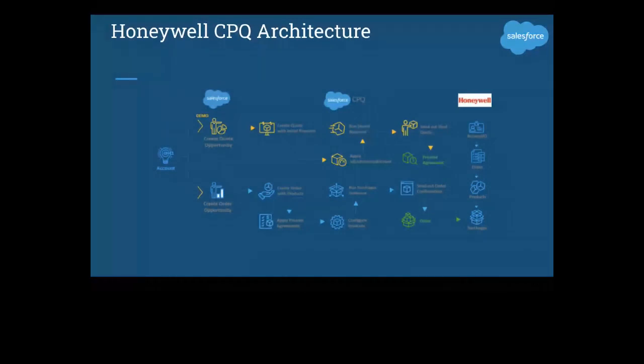Again, the native process will flow, providing the price list agreements, configuring the products accordingly, applying the adjustment, and sending out the order confirmation. So that's how Honeywell uses Salesforce and Salesforce CPQ to run their business, and we can see that Honeywell is such a reputed and successful company using CPQ.